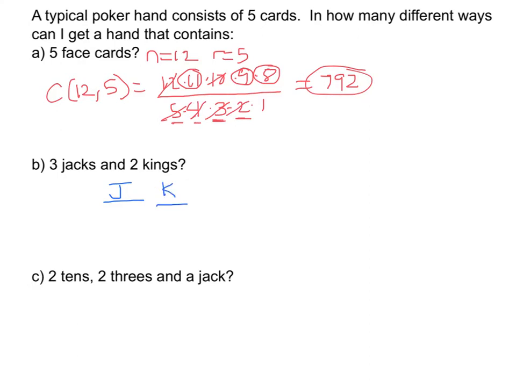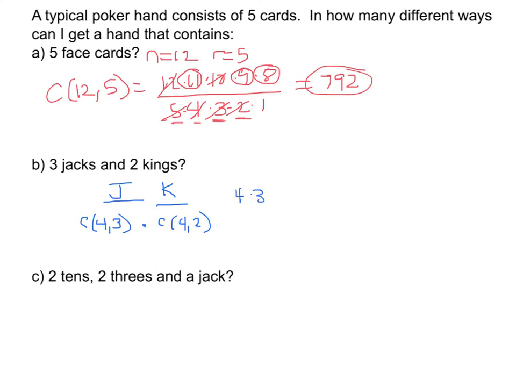Well, how many jacks do we have? We have 4 altogether. So we have the combination of 4 things taken 3 at a time because we want 3 jacks. And for the kings, we have the combination of 4 things taken 2 at a time because we are looking at 2 kings out of the 4 that we have. So this is actually the setup of the problem.